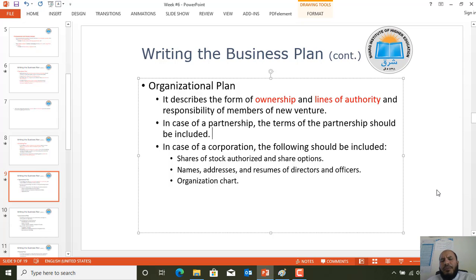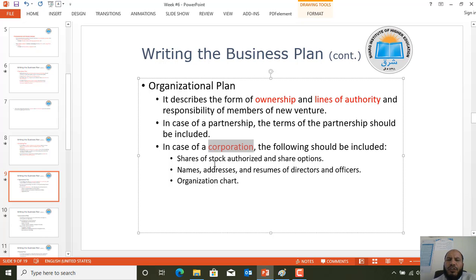Dear students, as we mentioned here, we will make clear the ownership. If we are preparing the organizational plan for a business with a corporation structure, what should we write down in the organizational plan?